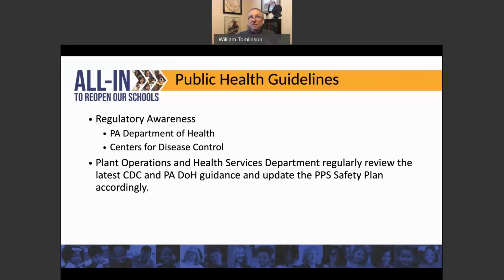Plant Operations and Health Services Department regularly keep an eye on those guidelines for any changes. If there are changes, they update the school's safety plan accordingly. So it's always current. You can look at the safety plan as a living document that is changing as the guidelines change.